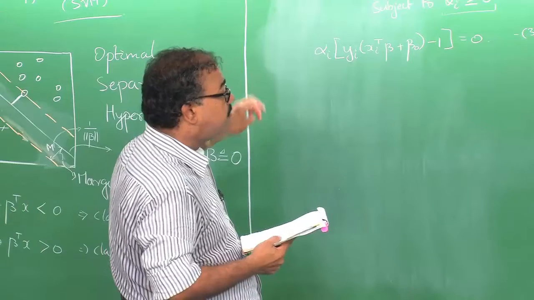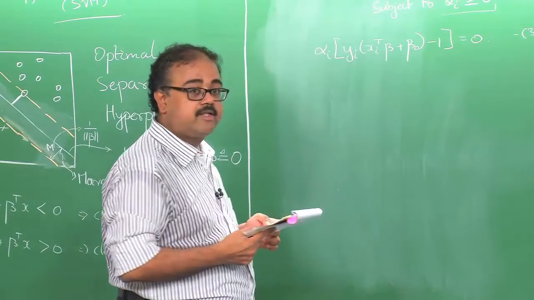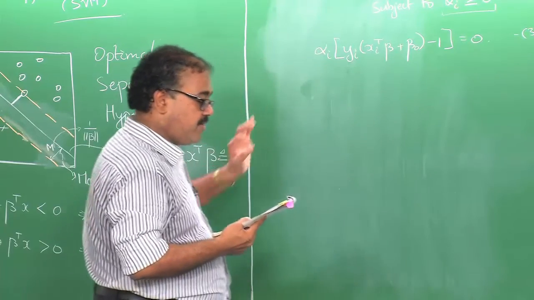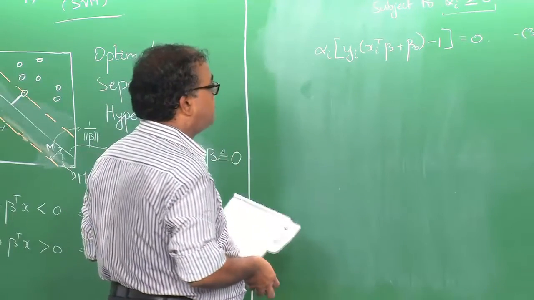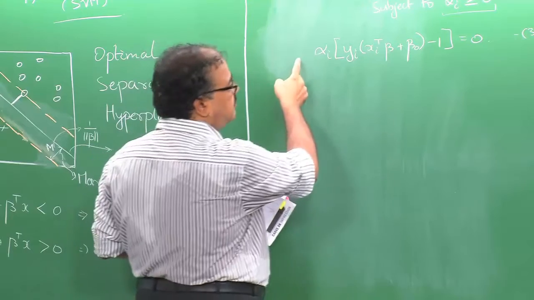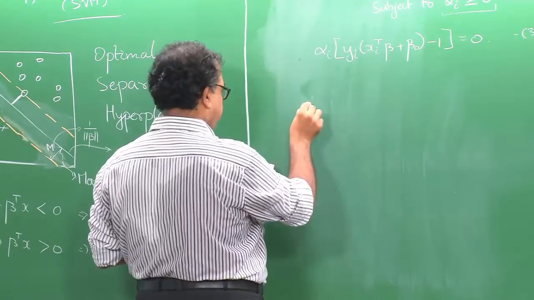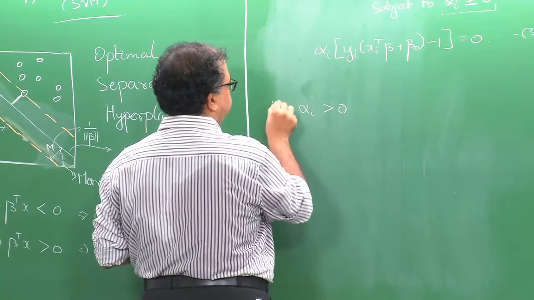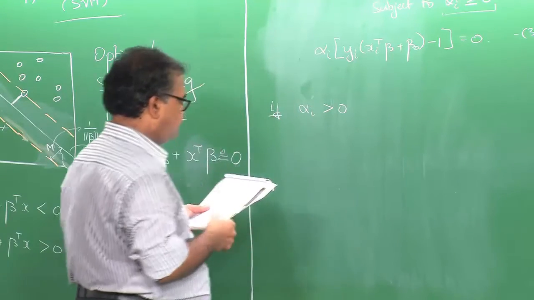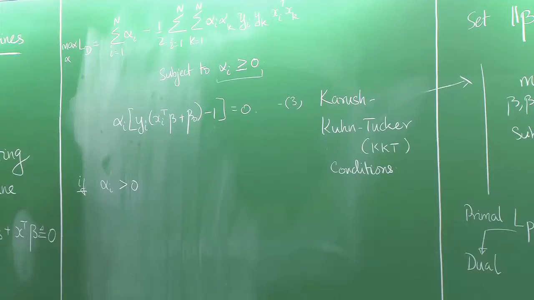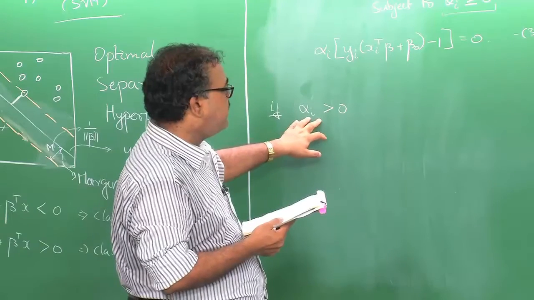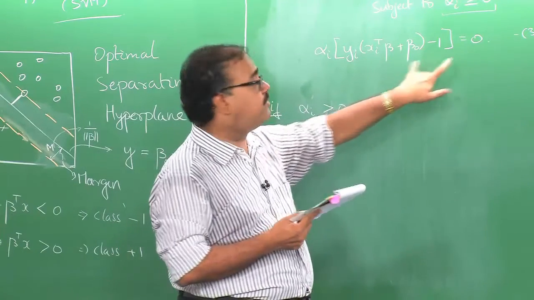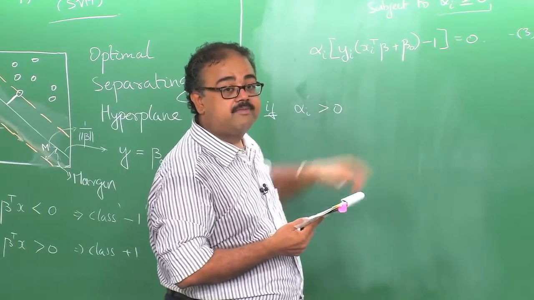So, once you have an optimal solution for the dual and the primal problem, because these KKT conditions have to be satisfied, you can make certain observations, especially when working from condition 3 here. If alpha i is greater than 0, what does it mean? Then the term in the square bracket has to be equal to 0.